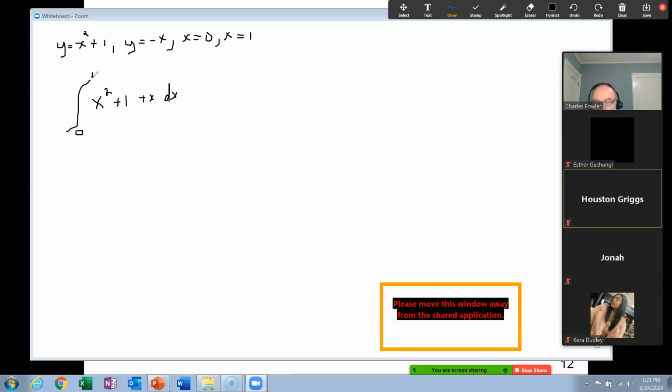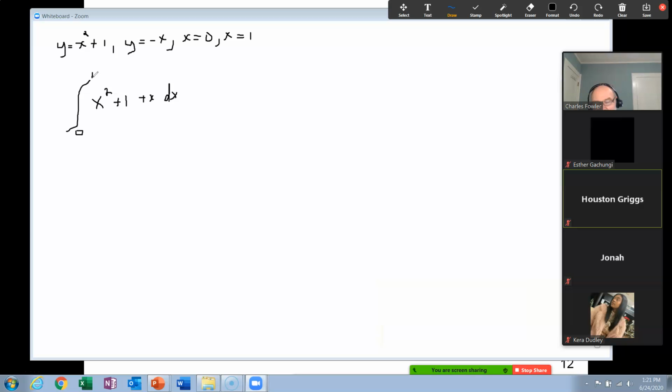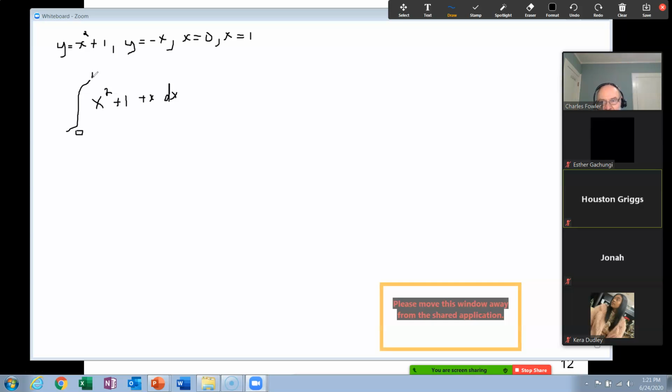I wrote them that way, but when Word did the translation, it put the limits off to the side. So when it says the limit and the things are off to the side, that would have been top and bottom. Word just wouldn't do top and bottom. I don't know why. It did the integrals okay, but it didn't do the limits okay. So hopefully that will make sense to you. If you need me to review that or go over it, I'll be glad to.